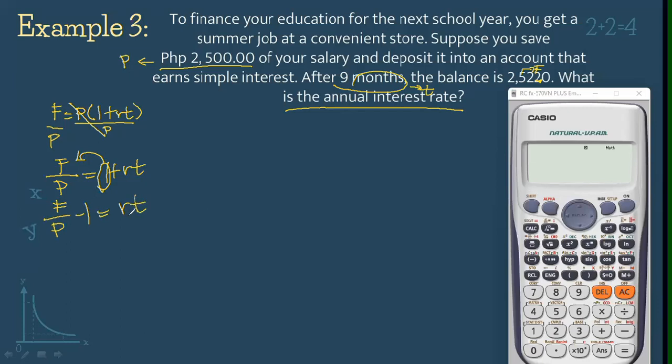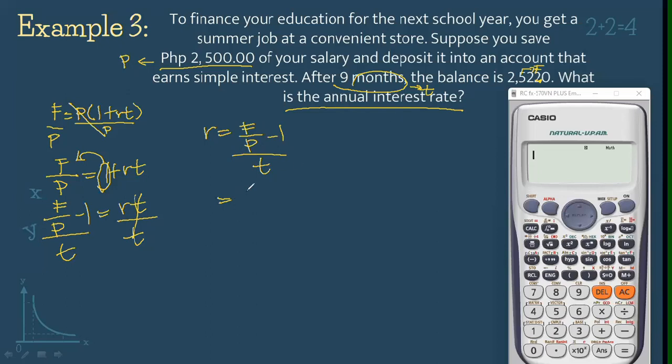Ngayon po, since ang kailangan lang po natin is si R, divide both sides po ulit natin siya by T. So that will give us the formula of R is equal to F over P minus 1 all over T. So, kailangan na po natin na ilagay yung actual values ng kada variable po.